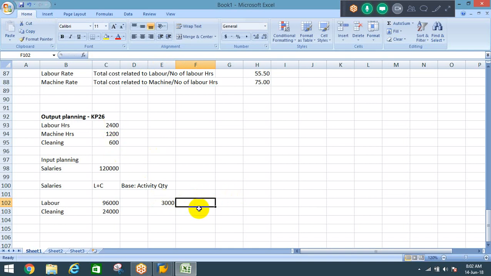For 3,000 quantity 1,20,000 is the cost. So for 2,400 quantity how much, okay, 96,000. And here 3,000 into 600, total cost divided by 3,000 into 600, okay. This is how system will distribute the cost if you have splitting structure.